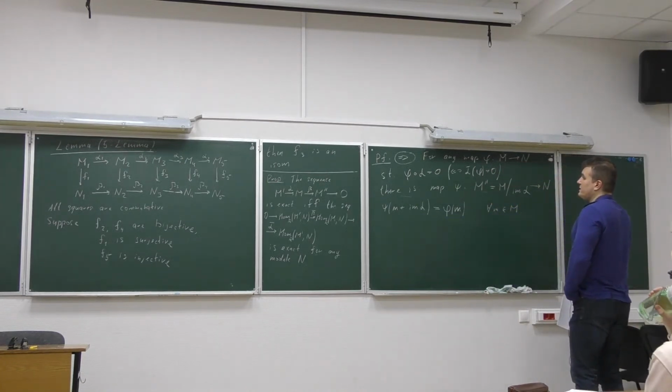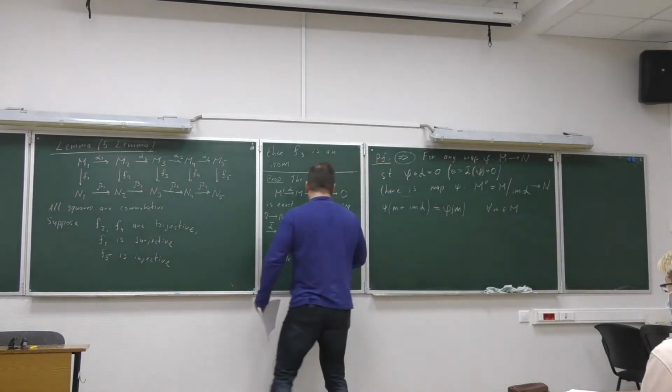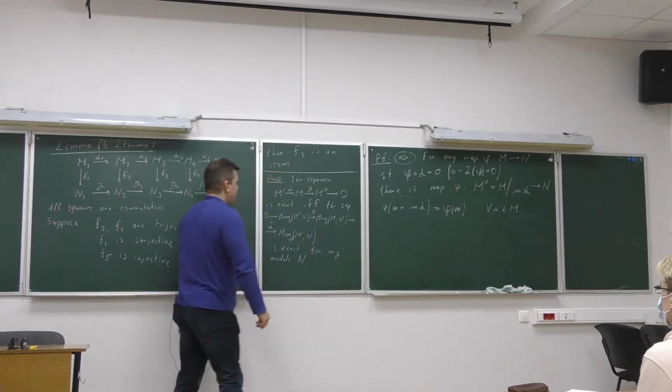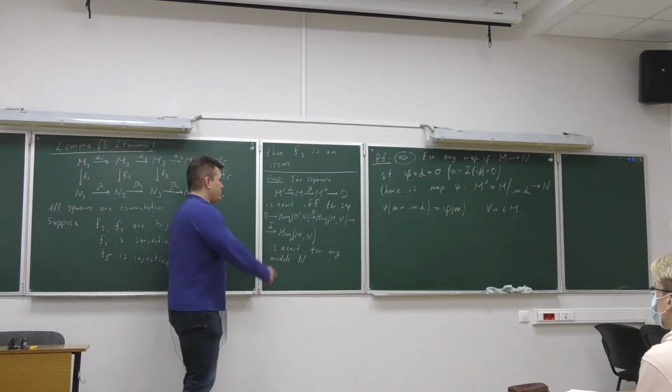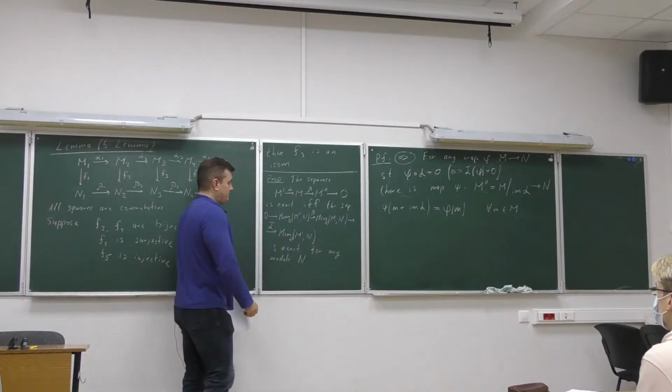Because we now see that if I start with any map that lives in the Hom between M and N, I can construct another map. And well, if I just precompose this map with the beta, I'll get exactly the map that I started with.